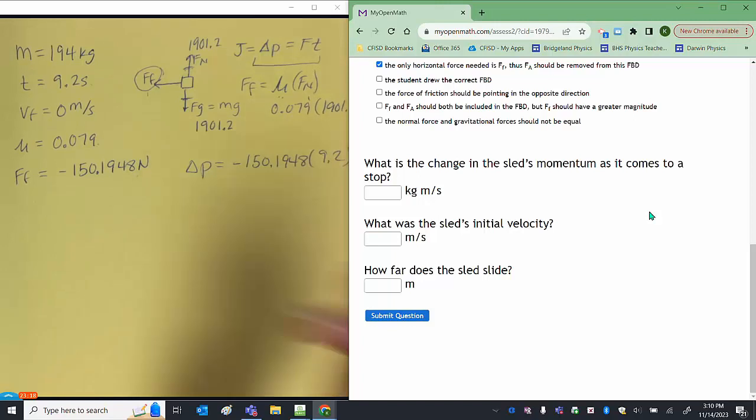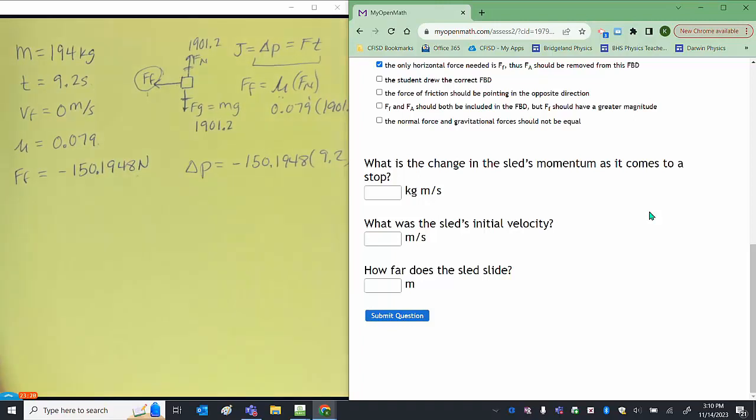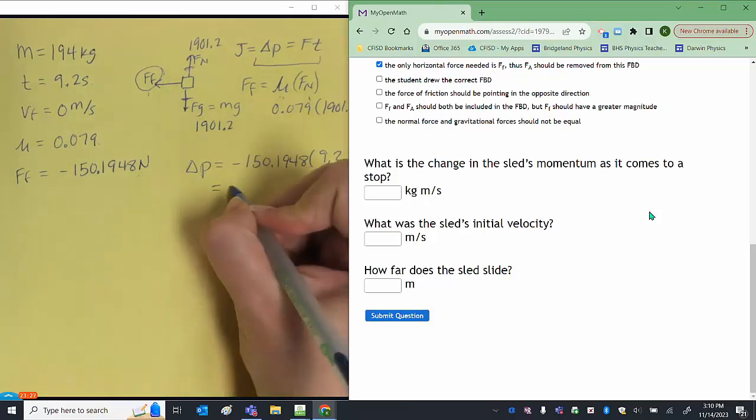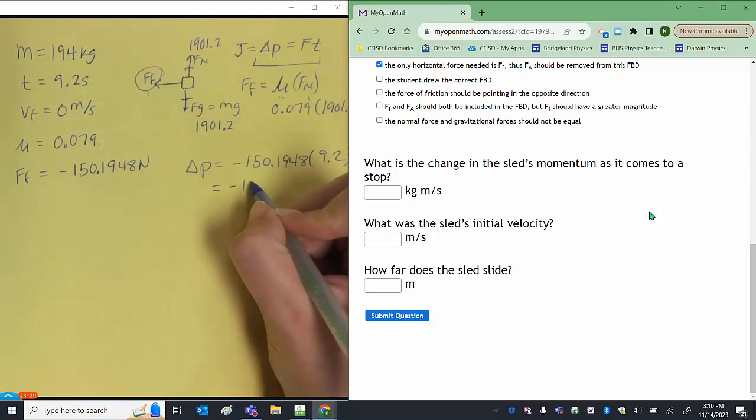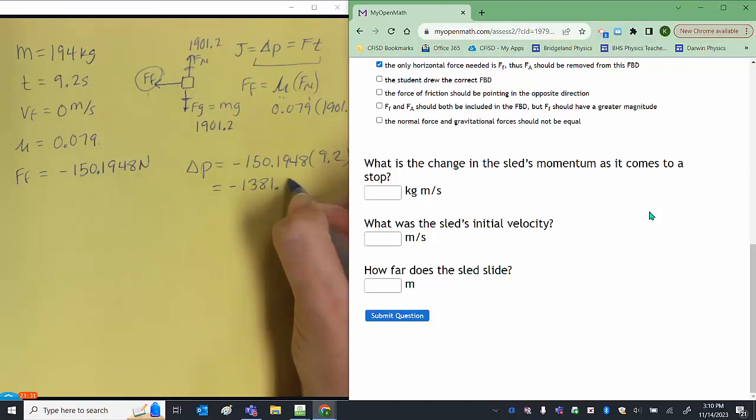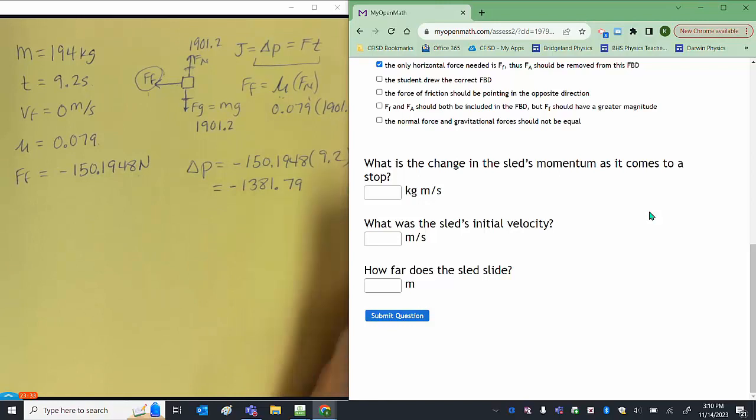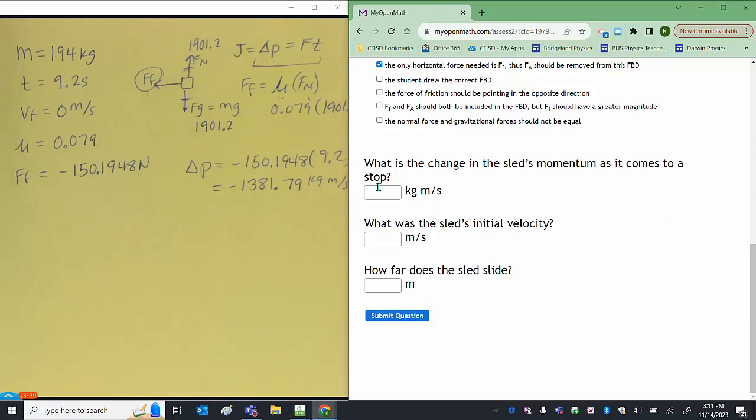Okay, so let's go ahead and multiply our answer from the previous one times the time, 9.2 seconds, and we get a change in momentum of negative 1,381.79, and I'm rounding that a little bit, kilogram meters per second. So, change in momentum, negative 1381.79.